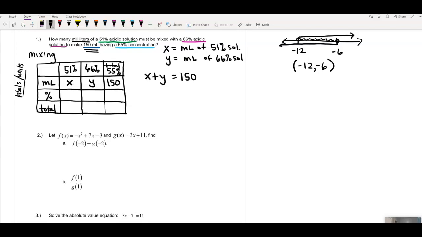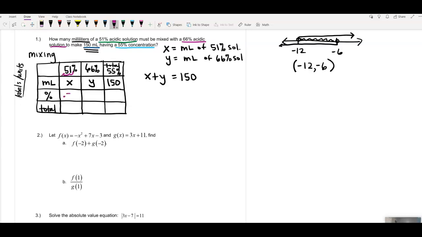Then in this next row, where it says percent, I'm going to take my percents and change them to decimals. Remember, when I'm changing a percent to a decimal, I'm just moving that decimal point back 2 places.